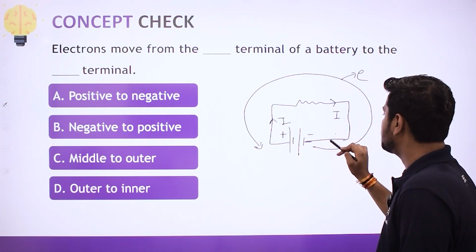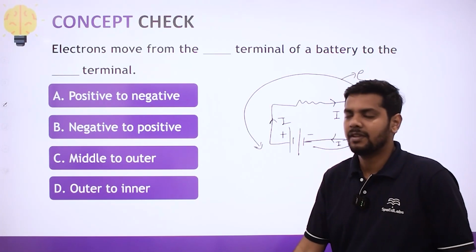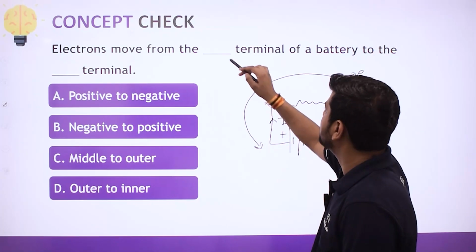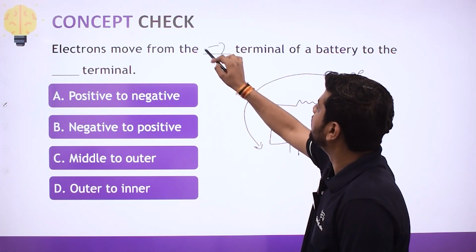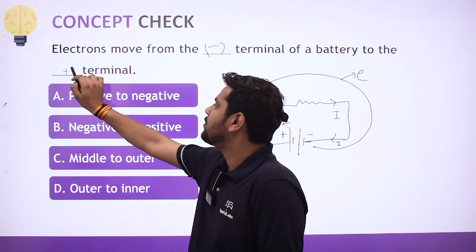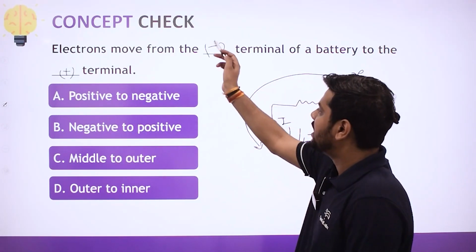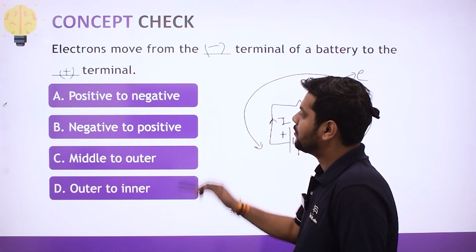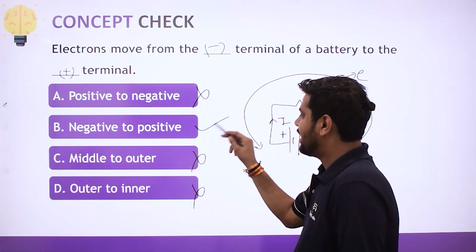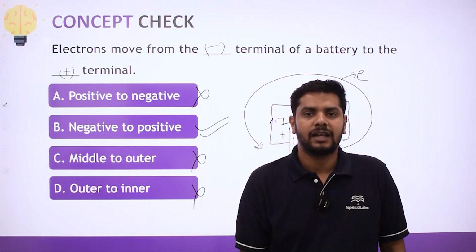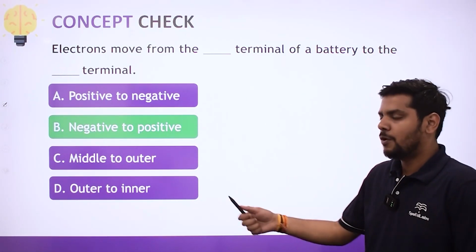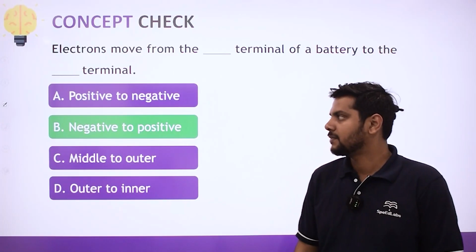Positive towards the negative terminal, right? So here electrons move from the dash terminal, that means negative, of a battery to the dash terminal, that means positive. So negative to positive should be our answer. Positive to negative, wrong. Middle to outer, wrong. Outer to inner, wrong. Negative to positive is our correct option, right? So option number B is correct here.